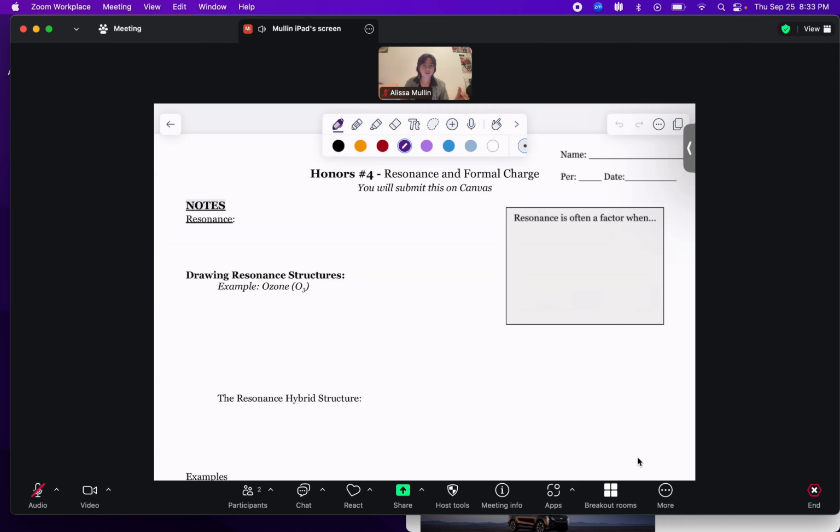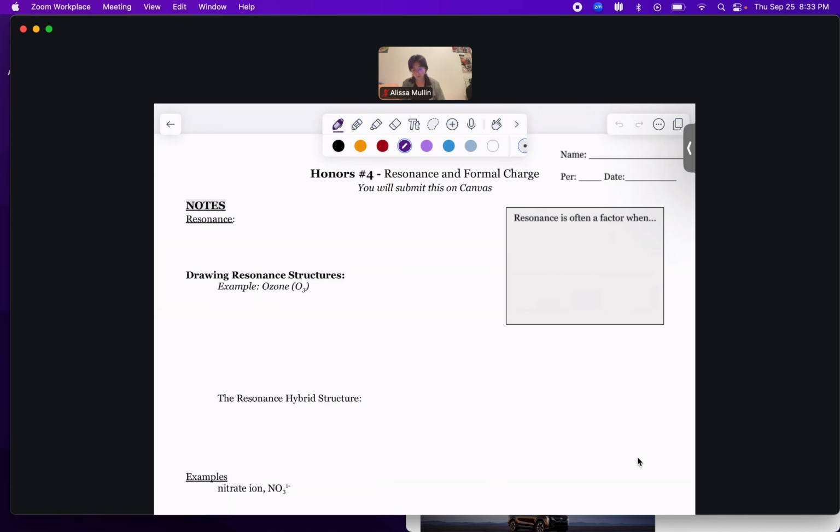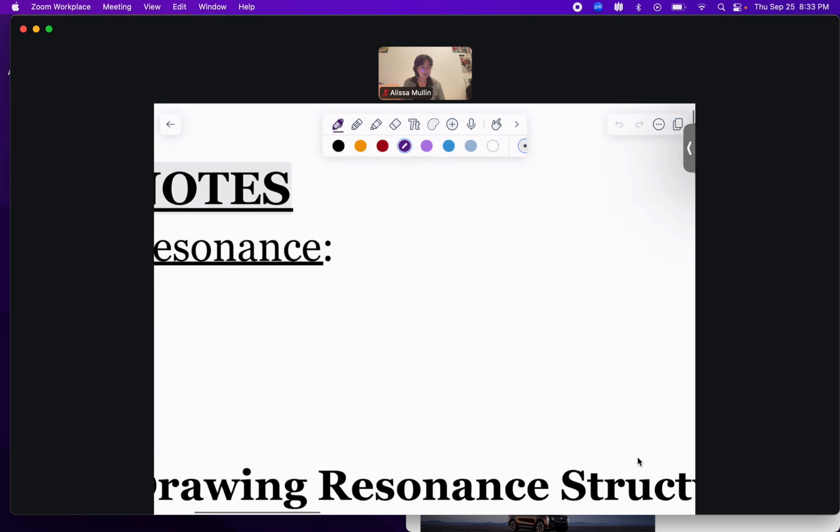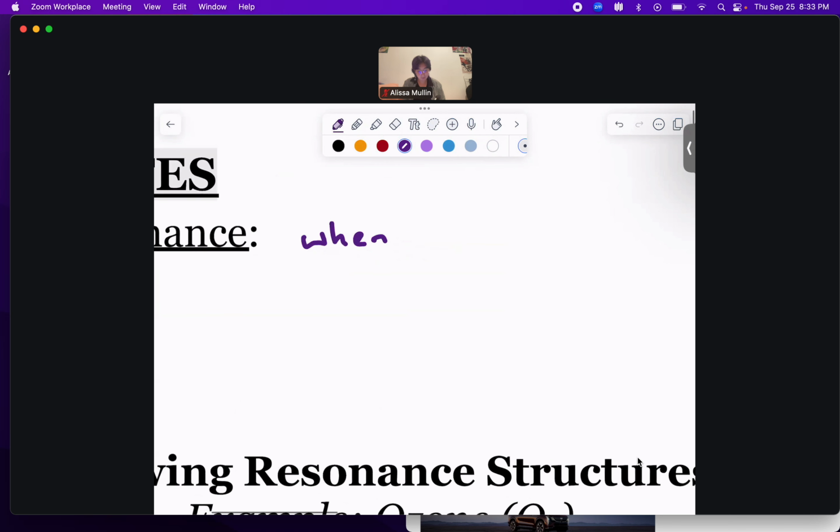Okay, so resonance, this is building a lot on what we've been talking about with Lewis structures. For this class, I'm going to define it, which is a bit inaccurate, but whatever. We're going to call it resonance when we have a molecule where, like what we've seen a lot already, there are multiple valid ways to represent it in a Lewis structure.